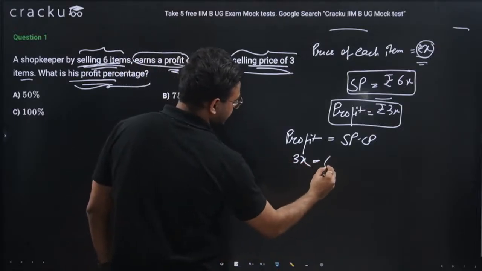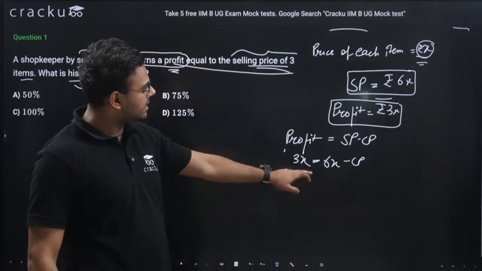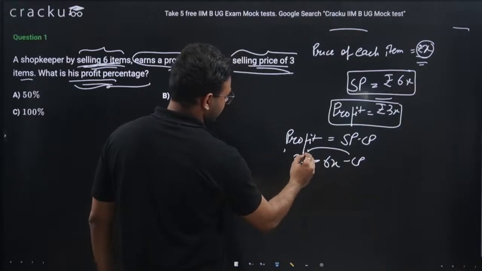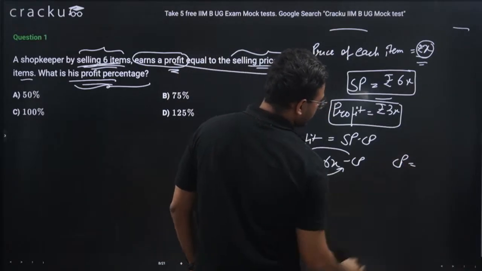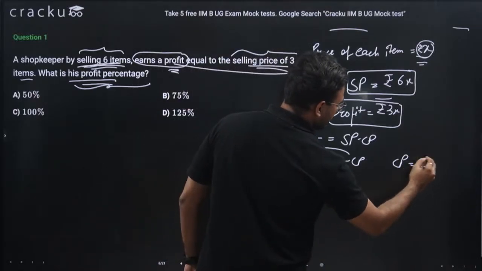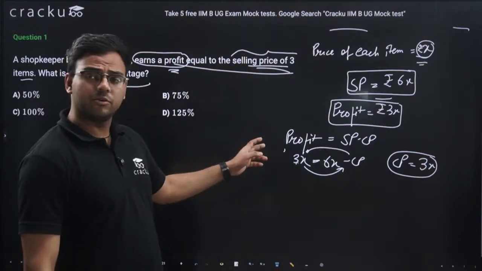So selling price is 6x minus CP. Profit is 3x. 6x minus CP is 3x. I'll take this on the left hand side and this on the right hand side. I'll get CP is equal to 6x minus 3x, which is equal to 3x. So cost price is 3x.